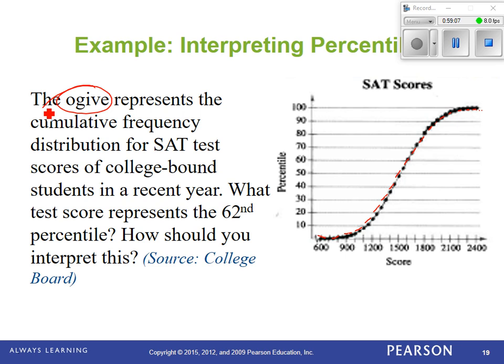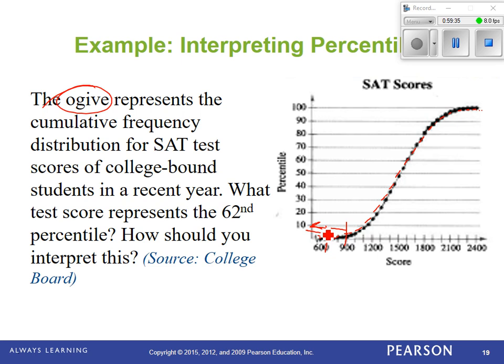Remember, an ogive takes you up till you get everything, every piece of data counted. So it's saying, at this point there was this many, at this point this many, here or below, and so on. This represents cumulative frequency distribution of SAT test scores of college-bound students in a recent year.